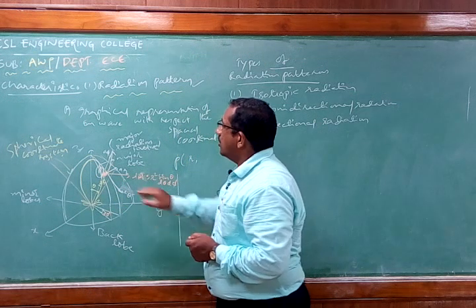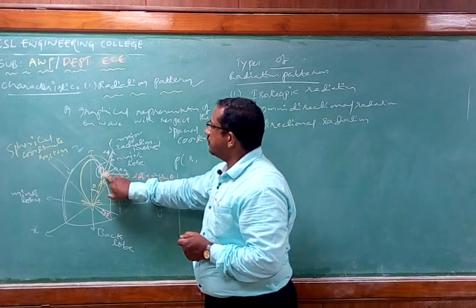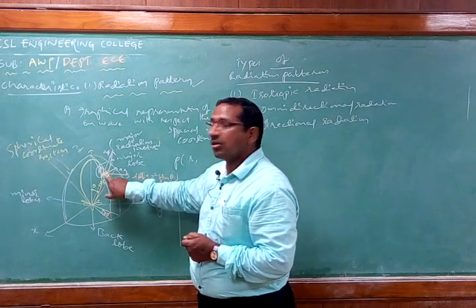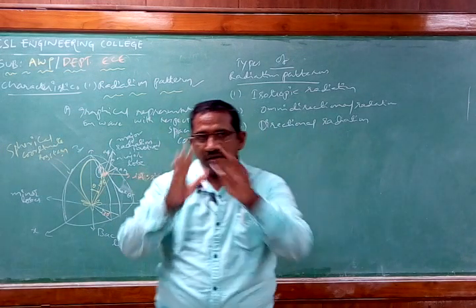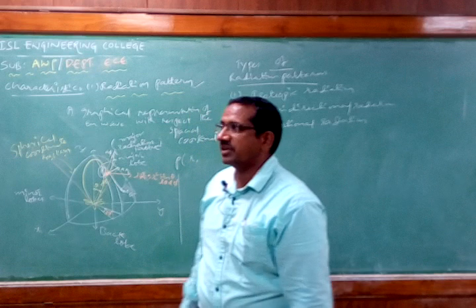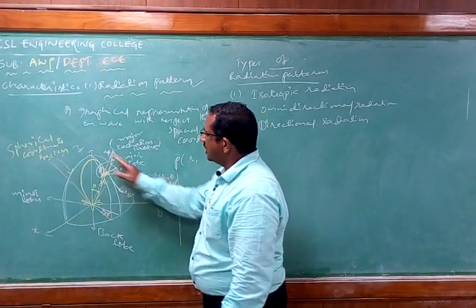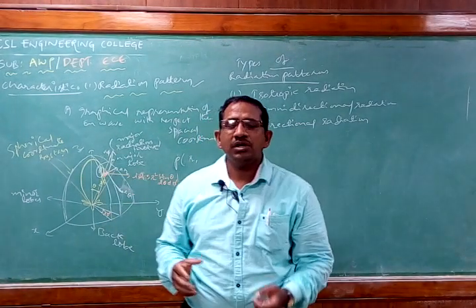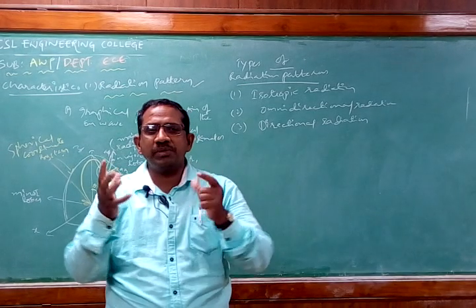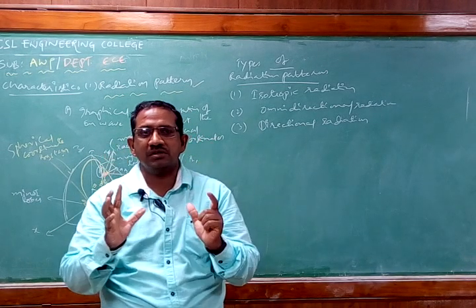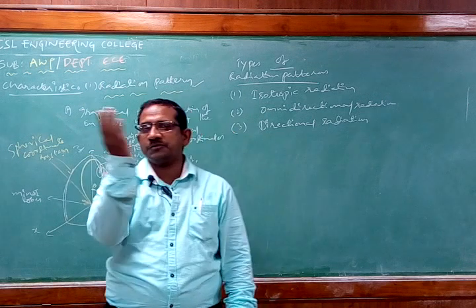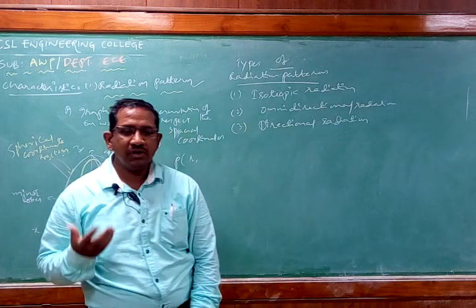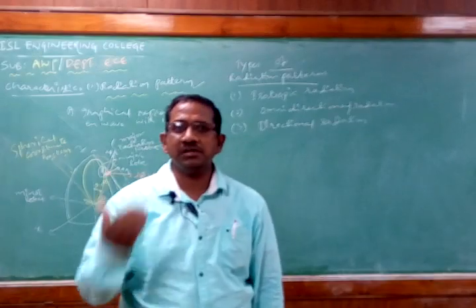Whatever infinitesimal surface area you consider should be on the surface of the coordinate system that you are considering. Whenever you think about a spherical coordinate system, please think of a ball-like structure, which is nothing but a sphere. The surface of the sphere has to be considered whenever we consider the radiation pattern.